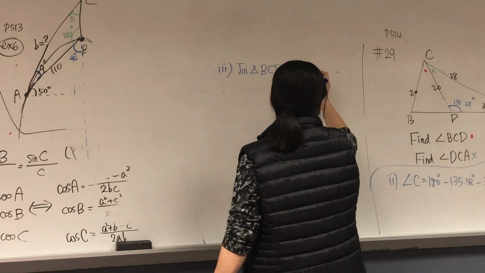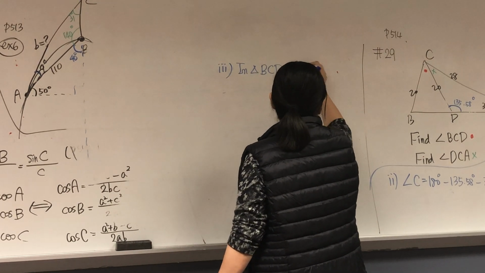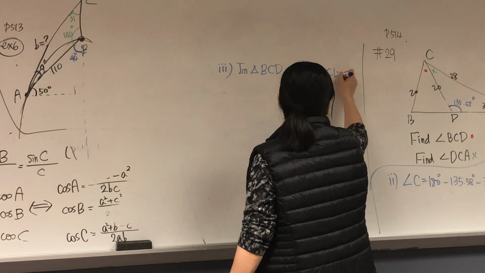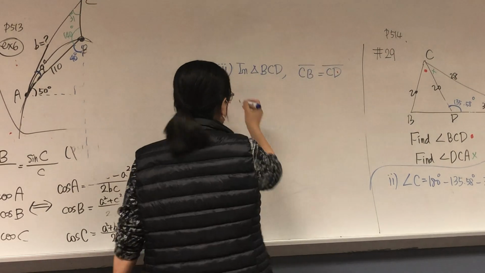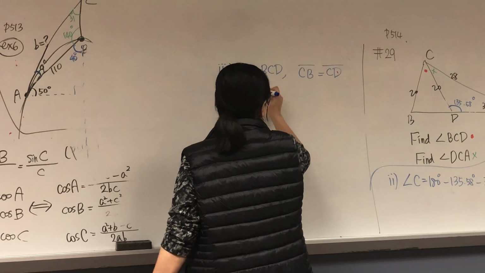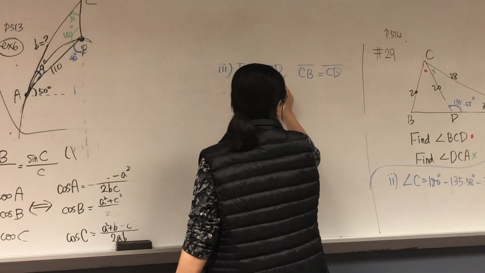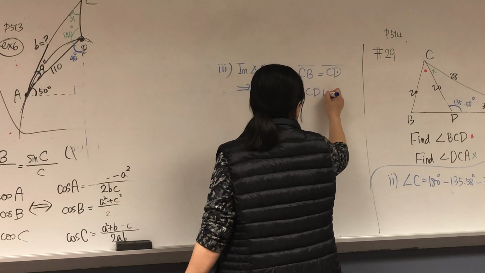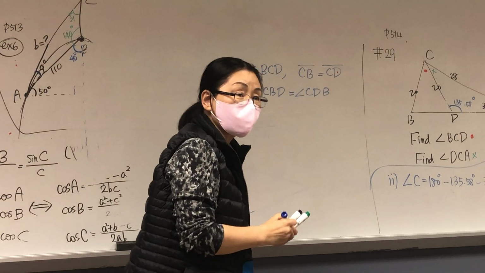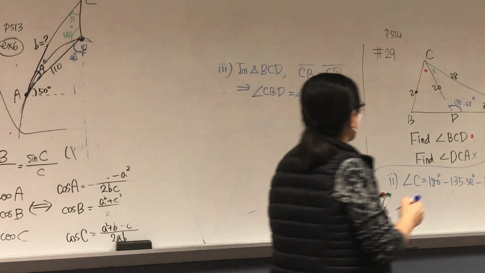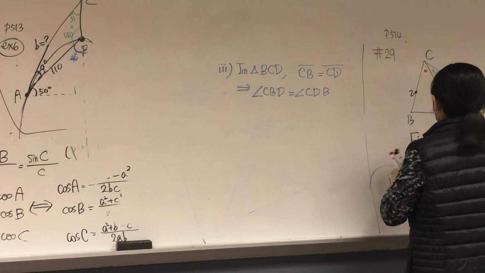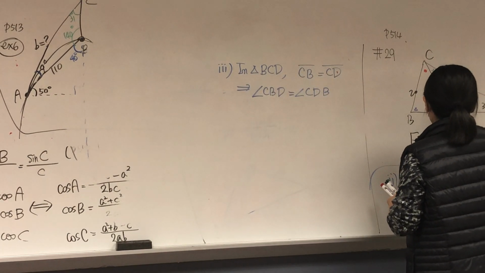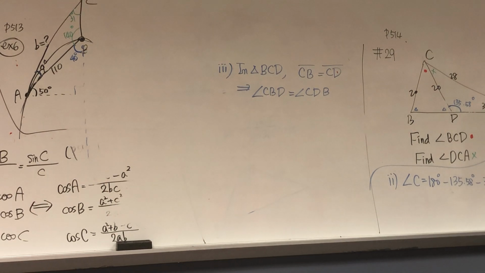We know that CB is equal to CD. Therefore angle CBD is equal to angle CDB, am I right?